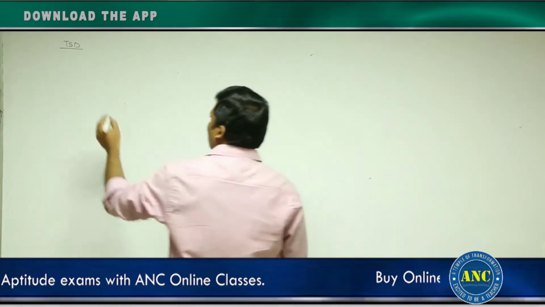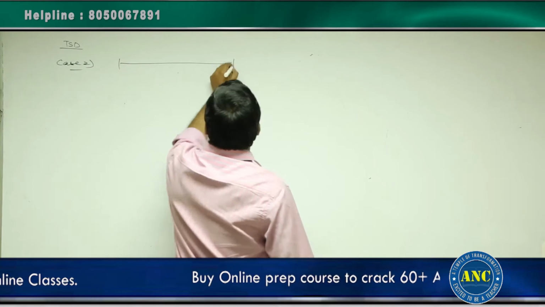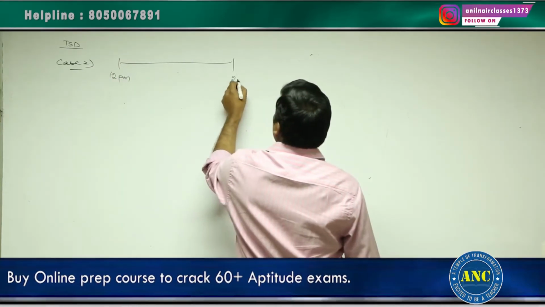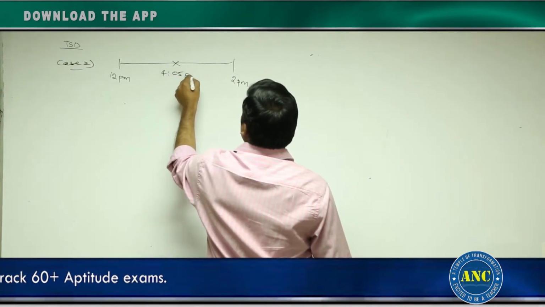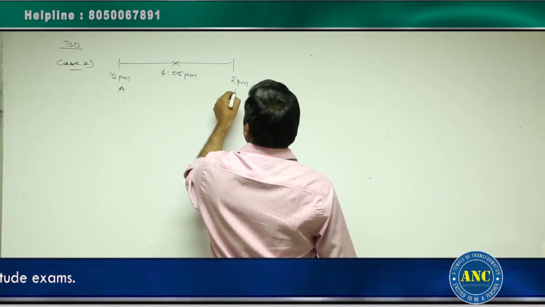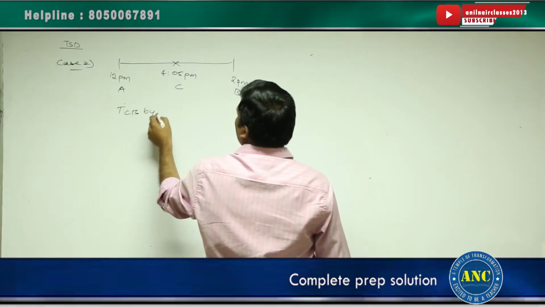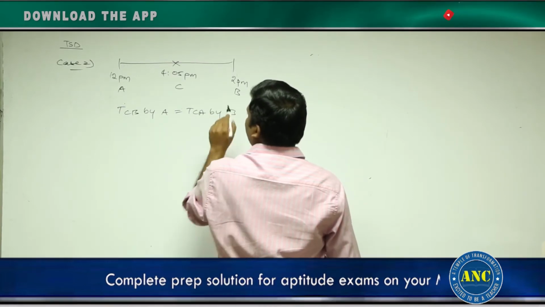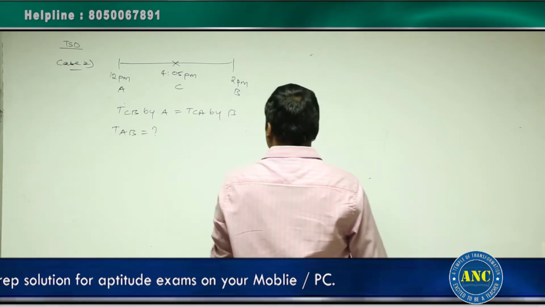Case 2: they both start at unequal times, 12 p.m. and 2 p.m. They met at a point at 4:05 p.m. This is A, this is B, this is C. Then C to B by A equals C to A by B. What is the time taken to go from A to B?